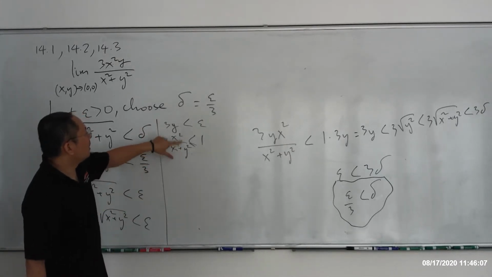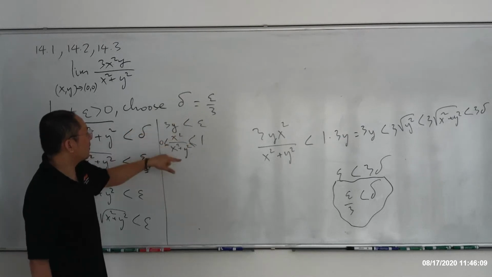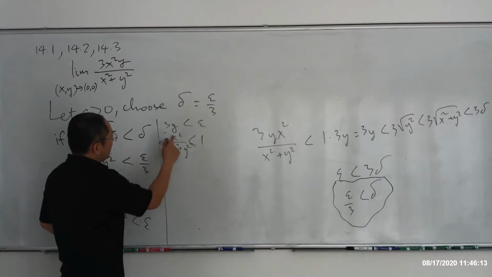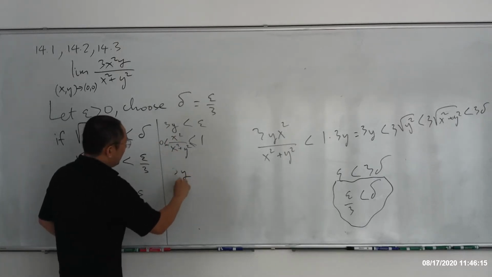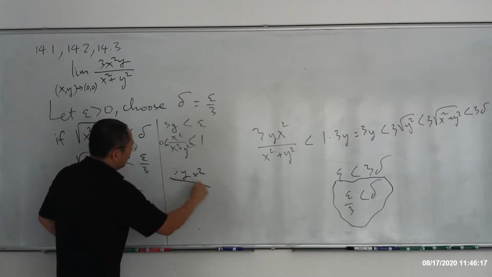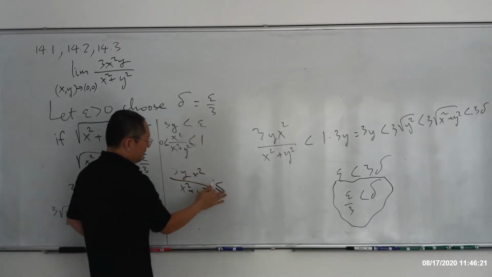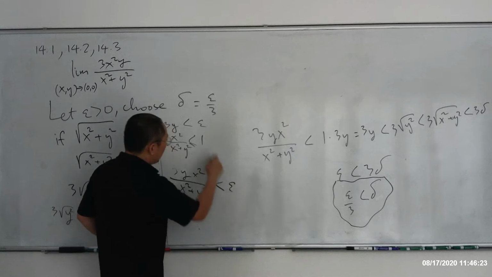Now, you can multiply both sides of the inequality right here by a positive term. So you multiply 3y by x squared over x squared plus y squared, and it's going to be less than or equal to epsilon times 1.